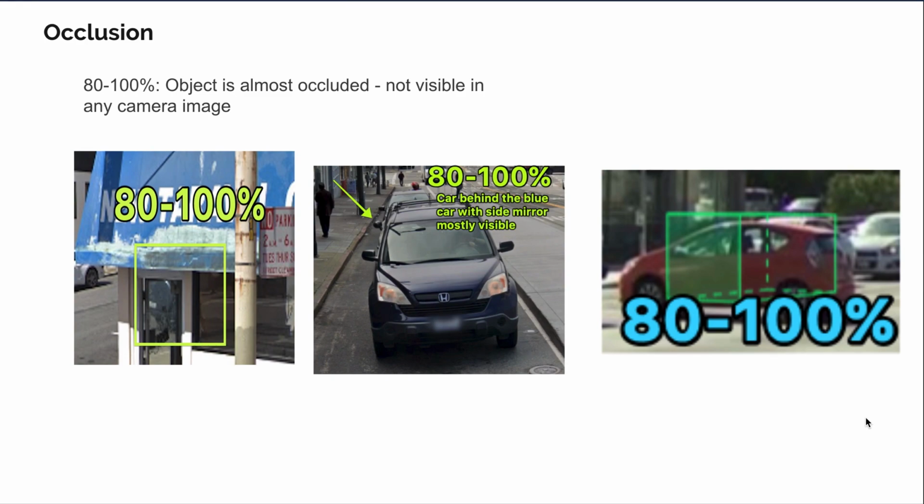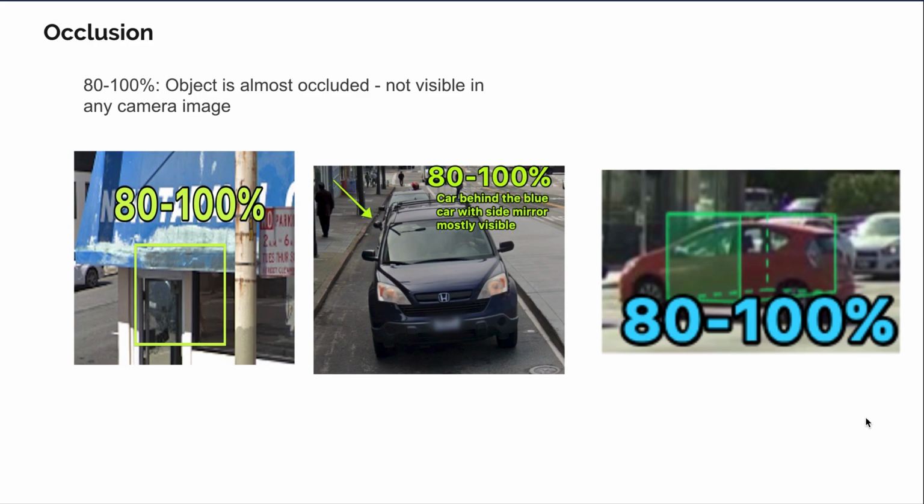And the next image right here, the vehicle in front is completely blocking the vehicle that we're looking at. We can see its side view camera a little bit, but that's all we're able to really make out. We might be able to see some of the roof, but we really can't see very much.